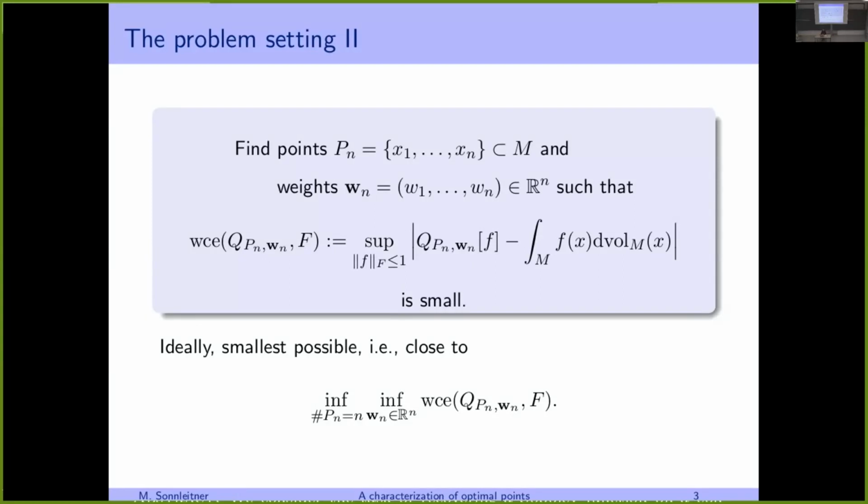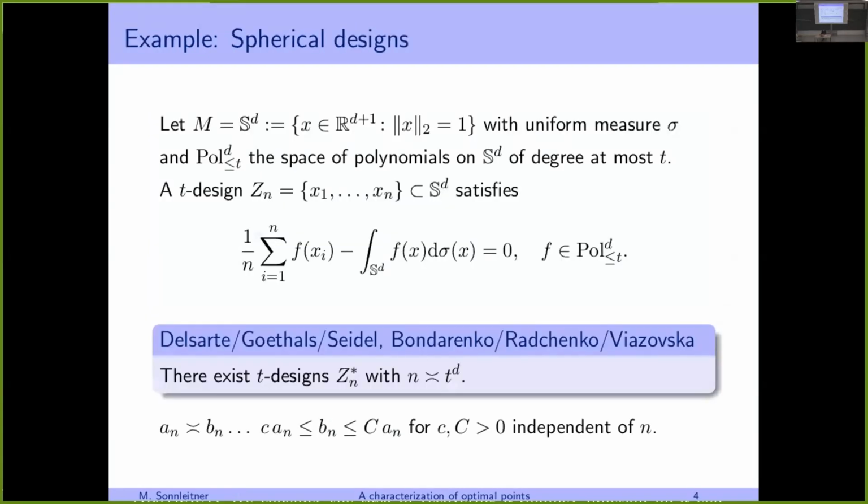So let me briefly give some example, because we have often seen equal weight integration rules, so the weights are all equal to 1 over n. And spherical designs are a prominent example of such rules. For this example, we use the sphere as D and equip it with its usual metric, so that we have the geodesic distance and the uniform measure sigma.